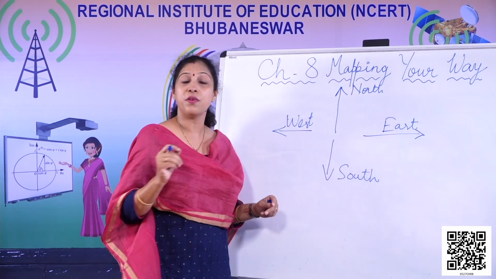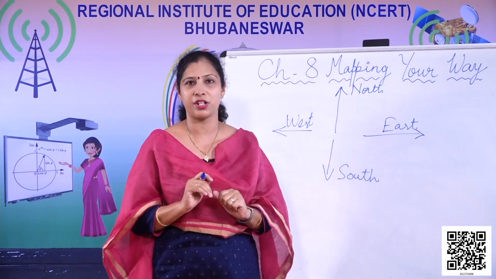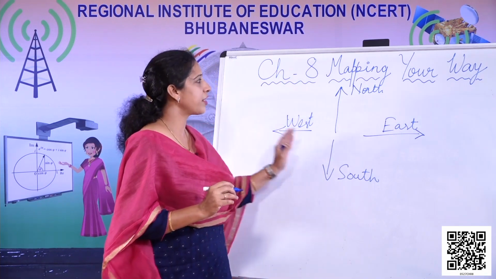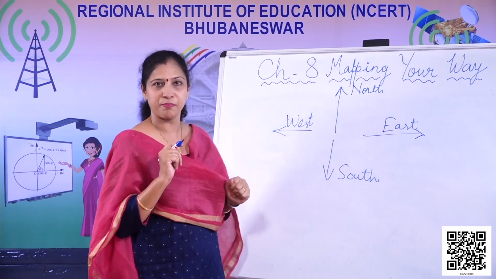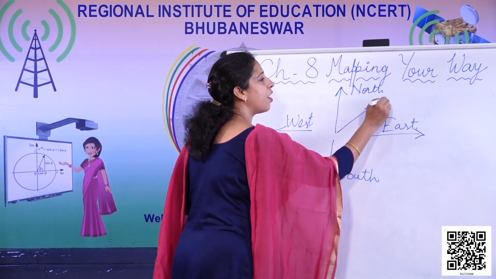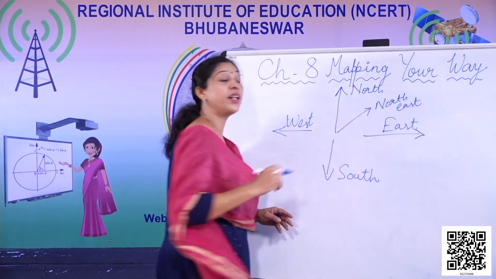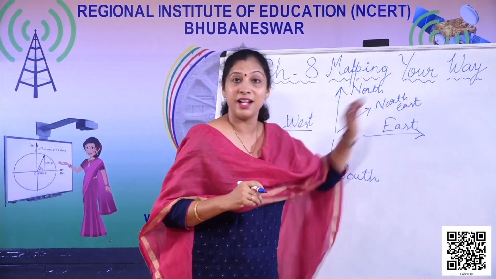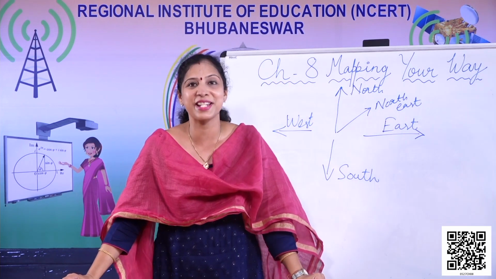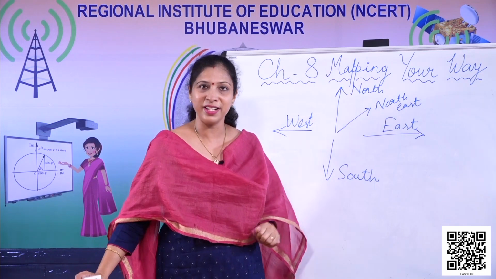So whenever you are seeing any map, just remember these 4 directions. And the direction between them is also very simple. The direction between north and east is northeast. That is why all the states from this area are called northeastern states. Do you remember now the India map and the northeastern states of India?